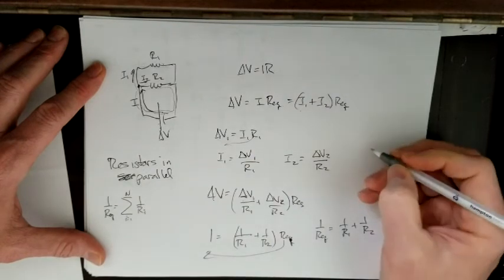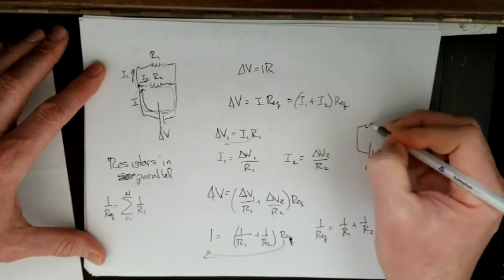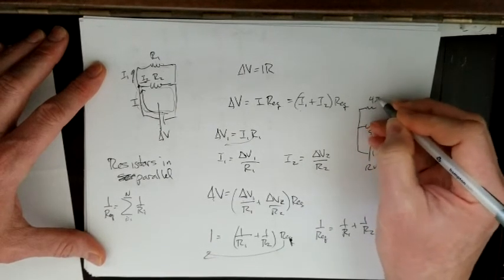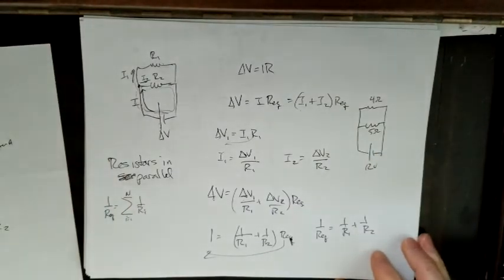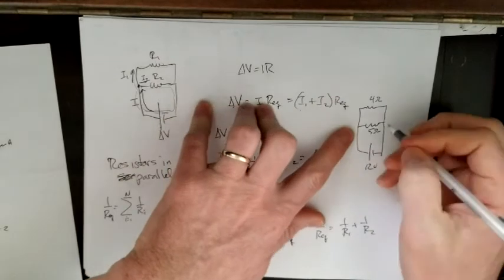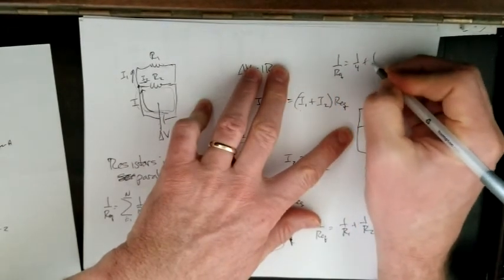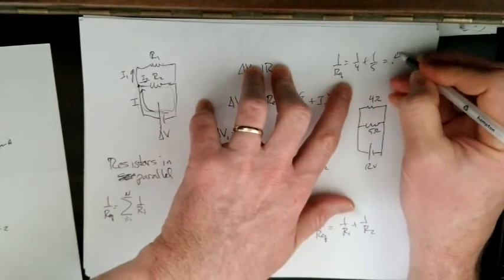So just a quick little problem right here. Let's say I go for my 12-volt battery again. I throw in a 5 ohm resistor and a 4 ohm resistor. My equivalent resistance, 1 over my equivalent resistance, is 1 over 4 plus 1 over 5, which is 0.45.